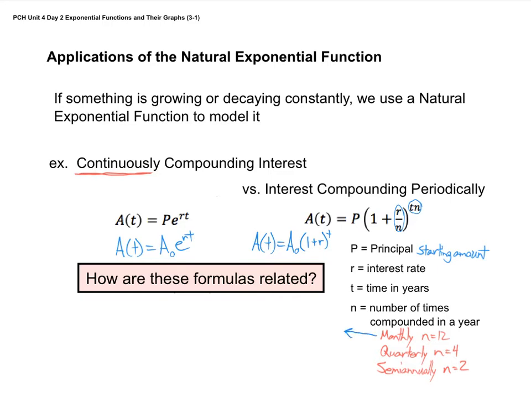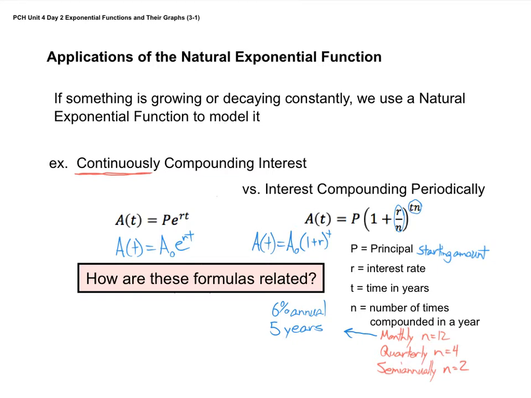Anytime you're given a rate in an investment, it's going to be given as an annual rate. So let's say that we were earning 6% annual interest, and we were going to invest this for, let's say, 5 years.